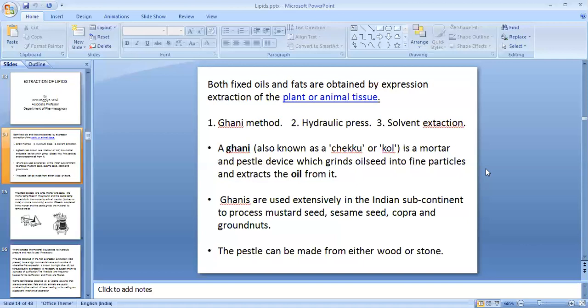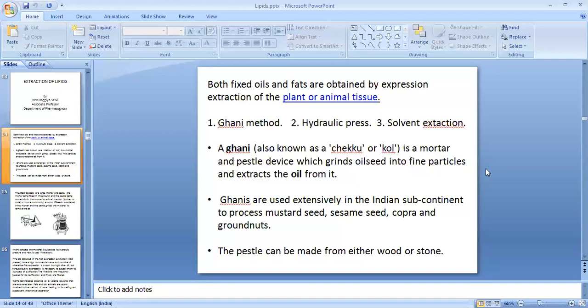This Ghani method or Ghani is otherwise called as Cheku or hole, where we will have a mortar and a pestle device in which the seeds are grinded into fine particles, and then the oil is extracted from it.